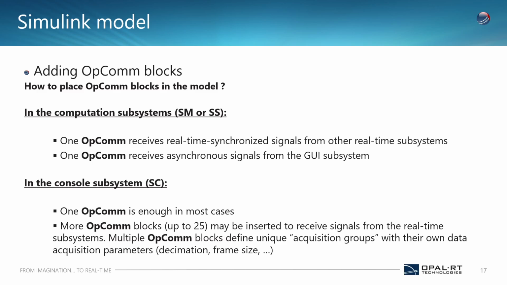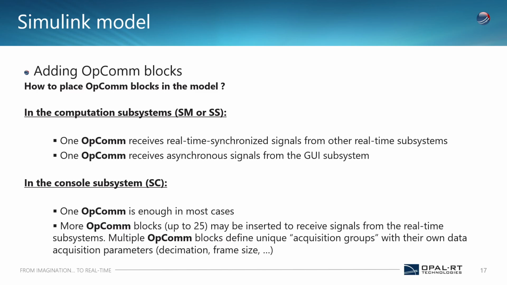One OPCOMM receives a real-time synchronized signal from other real-time subsystems, and one OPCOMM receives an asynchronous signal from the GUI subsystem. The GUI is the SC subsystem, the graphical subsystem, where only input and output ports are there. In the console subsystem, one OPCOMM is enough.